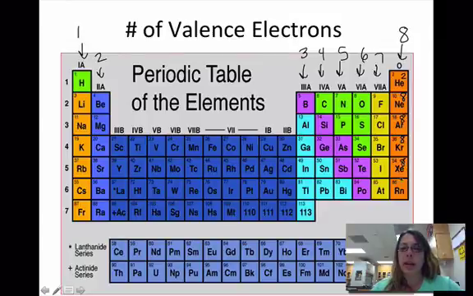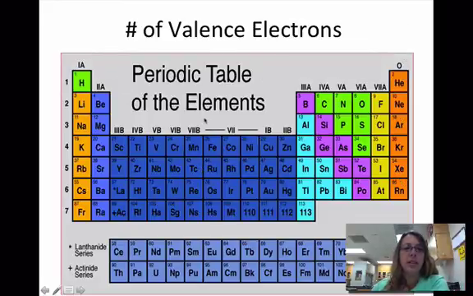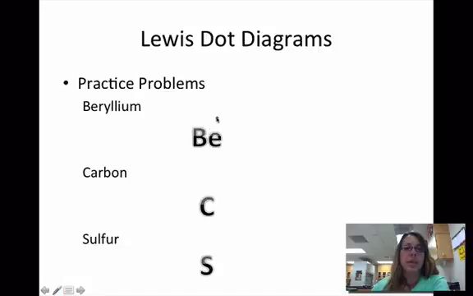Make sure you can figure out how many electrons these elements have so you can do these correctly. Okay, so our practice problems here, we have beryllium, carbon, and sulfur. Beryllium, we said, was in group 2A, so it has 2 valence electrons.